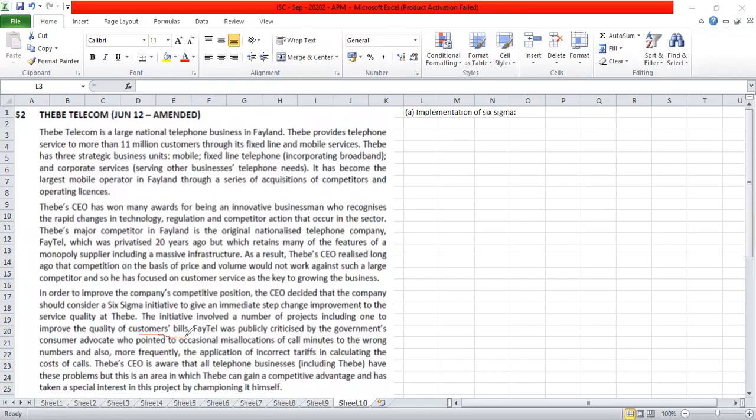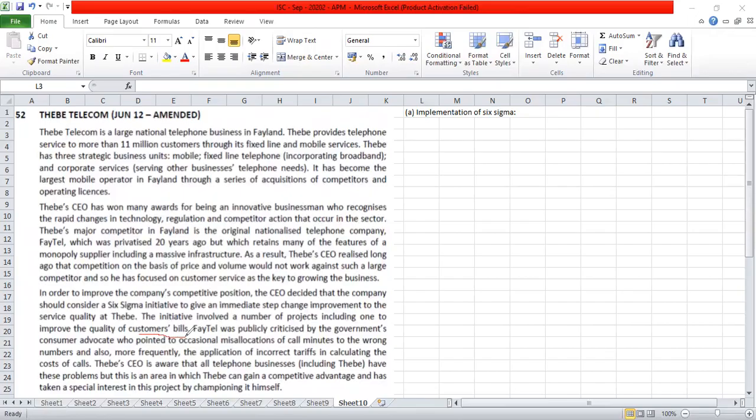Their inefficiencies include that billing was not appropriate. Fatal was criticized for misallocation of call minutes to wrong numbers and also application of incorrect tariffs in calculating the cost of calls. So while costs were calculated, there were wrong calculations and misallocation of call minutes.